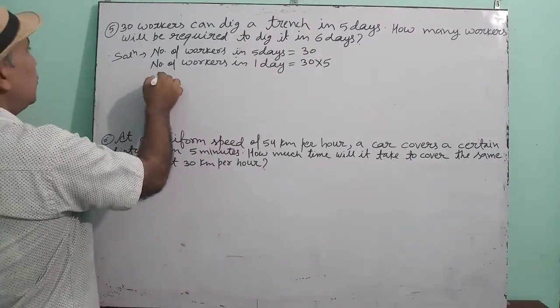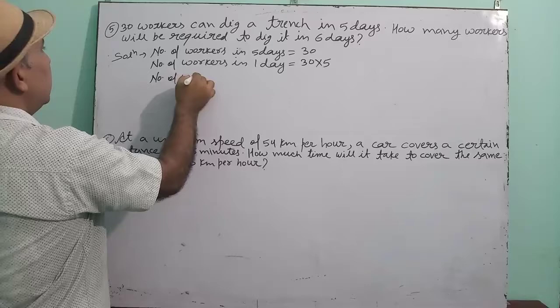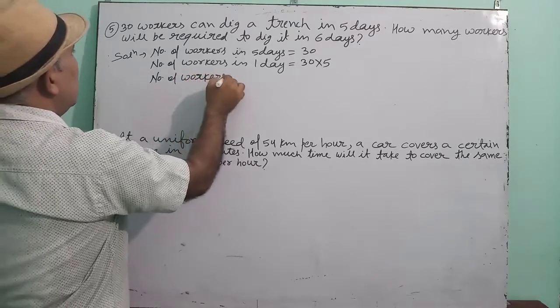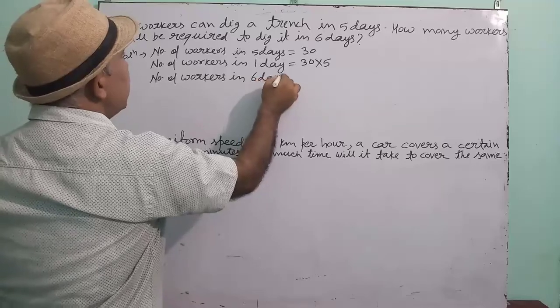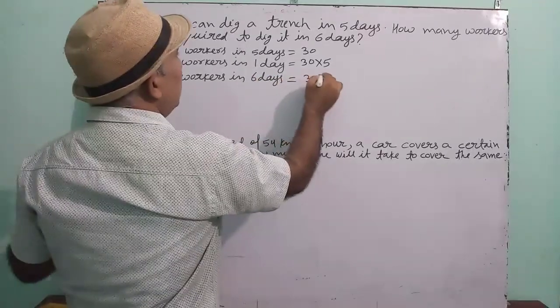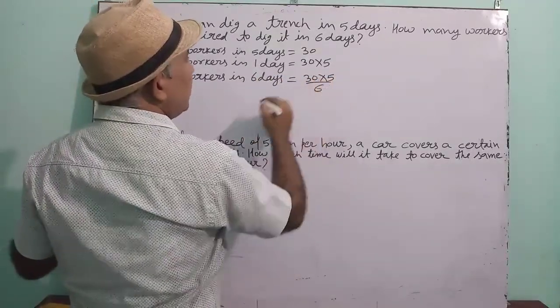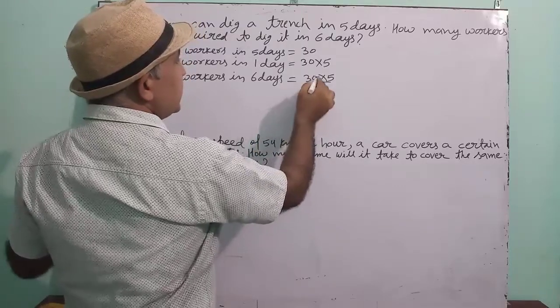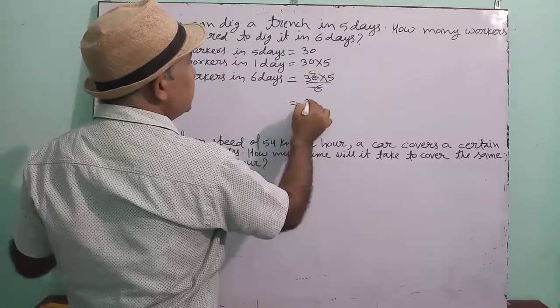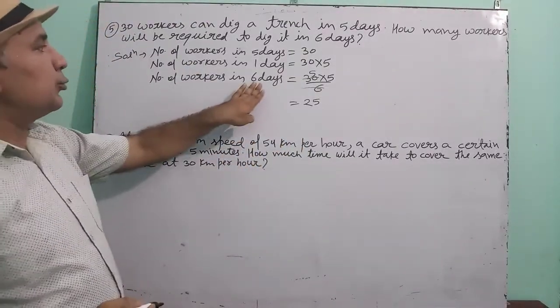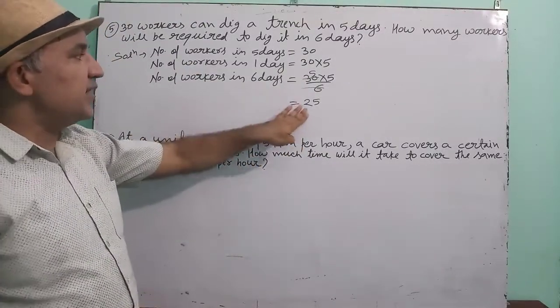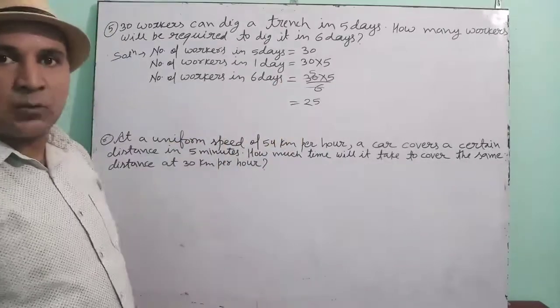Okay. Now you can find number of workers in 6 days will be equal to 30 into 5 upon 6. 6 dividing 30 by 5 times, 5 into 5 is 25. That means to complete the work in 6 days, 25 workers are required.